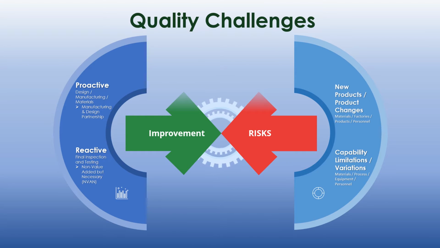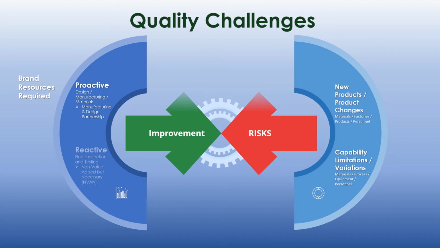To avert these risks, there are the proactive and reactive approaches. A proactive approach involves building in quality by preventing potential risks at the source in partnership with design, manufacturing, and material suppliers. These require brand or company resources, which we could only wish we had more.